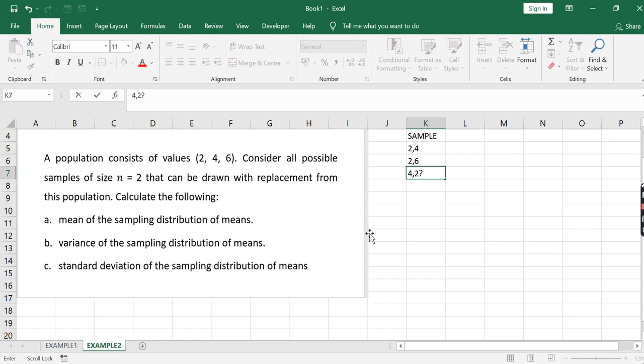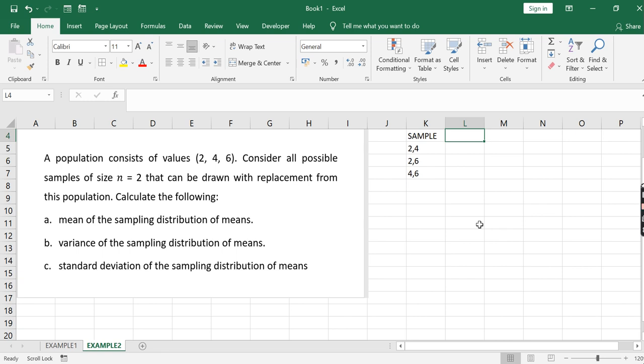No, we cannot, because in combination, 4, 2 is the same as 2, 4, since arrangement doesn't matter. It represents just one sample. Same with 6, 2, which we already have as 2, 6. What else? It's 4, 6.